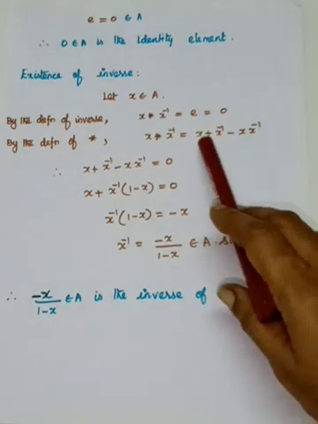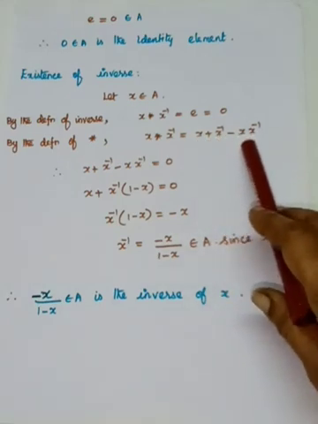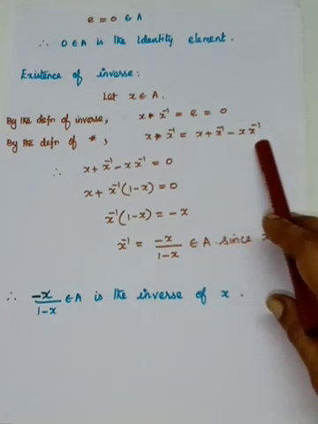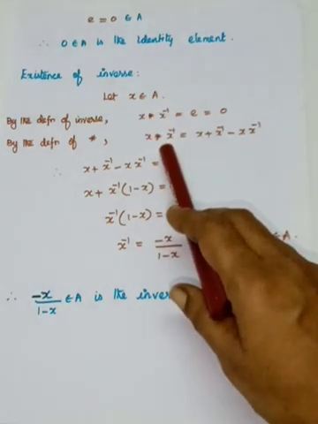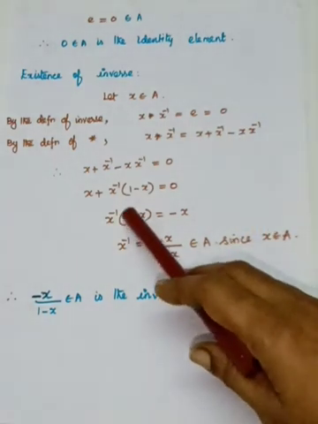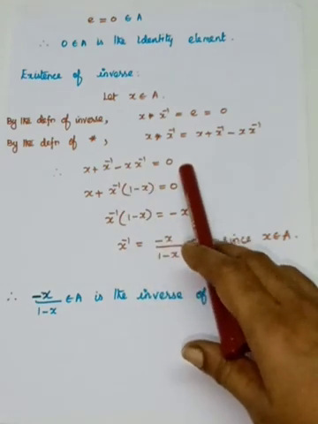The asterisk definition in this problem is first number plus second number minus the product. So X plus X inverse minus X X inverse. See, the left hand sides are equal, so the right hand sides are also equal. So therefore X plus X inverse minus X X inverse is equal to 0.